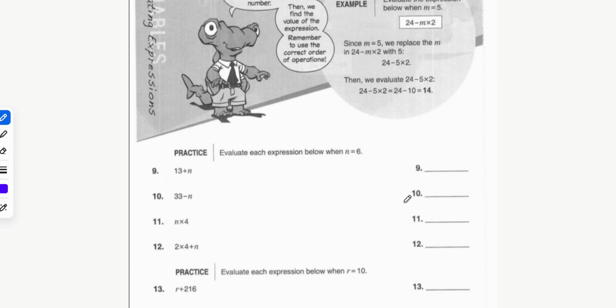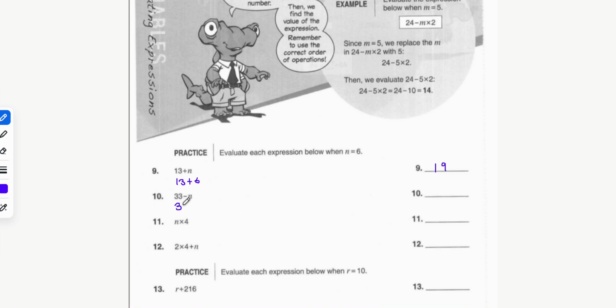Now we have to evaluate each expression below when n equals 6. When n equals 6, the expression 13 plus n is equal to 13 plus 6. So that is 19.